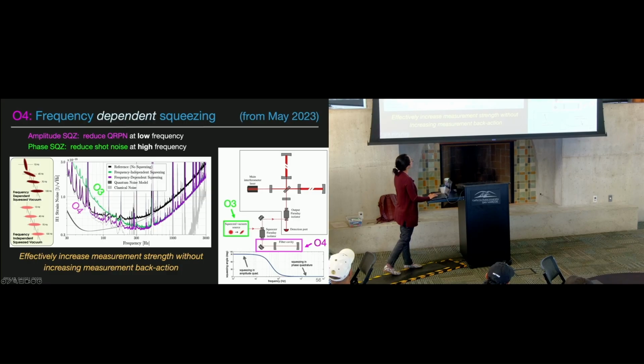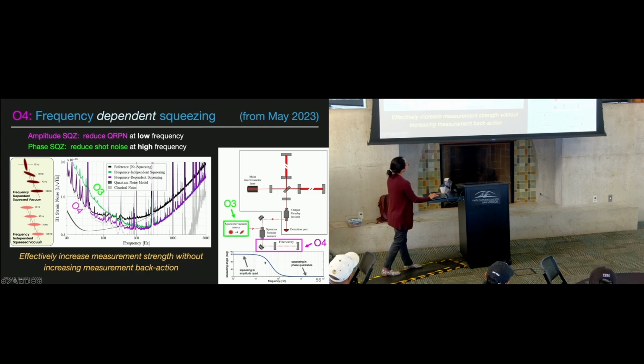But what we can see is that if we turn on the filter cavity and park it correctly, we can rotate all this excess noise back into the noise reducing quadrature. So just to say that one more time, this is phase squeezing up here. If we only set it to phase squeezing, the interferometer's optomechanics will rotate phase squeezing into amplitude squeezing. And so what we do is we pre-rotate it so that we compensate the interferometer rotation.